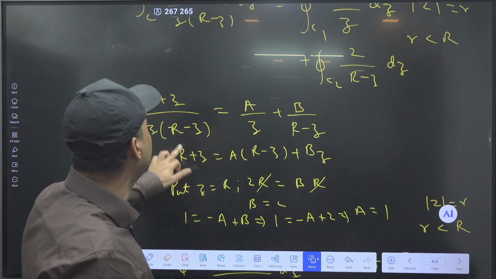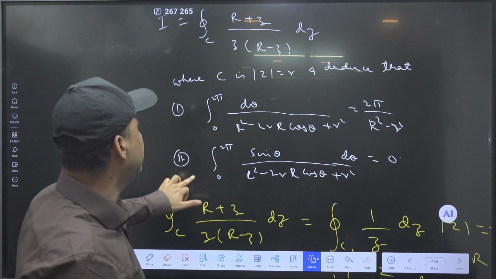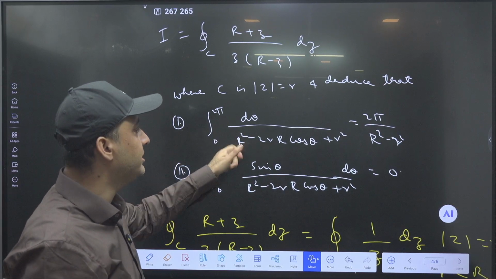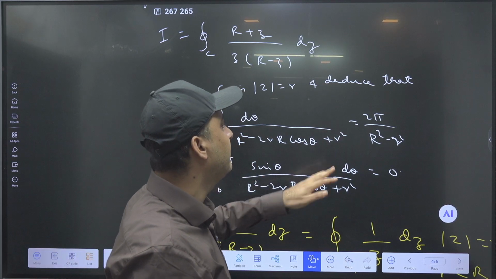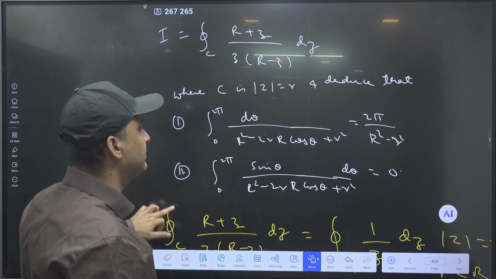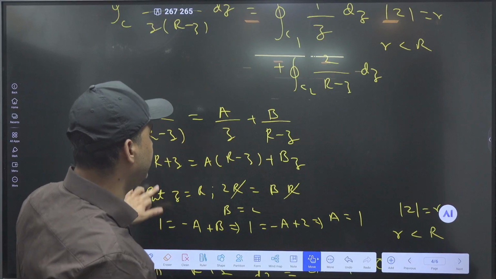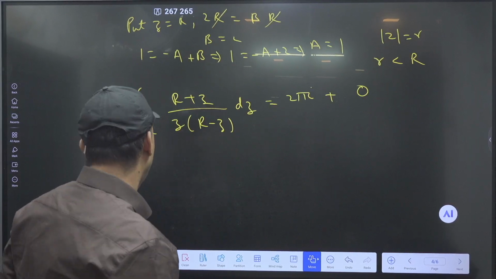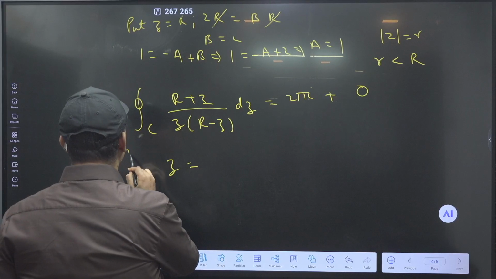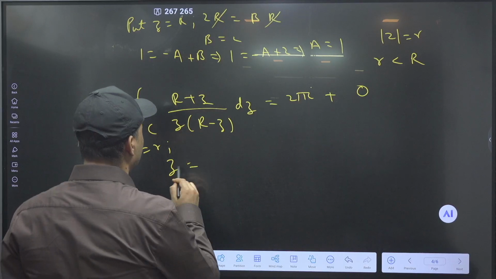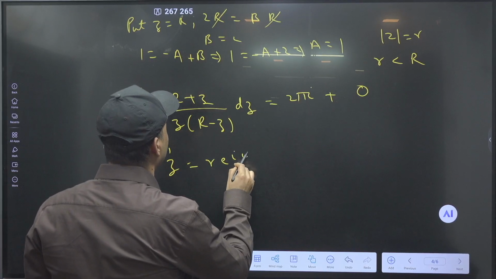Now I need to deduce something more, that is the integral from 0 to 2 pi d theta upon R square minus 2r R cos theta plus r square is equal to 2 pi upon capital R square minus small r square. Now you see here, what I will do, since my mod of z is equal to r, therefore z would be r e to the power i theta.